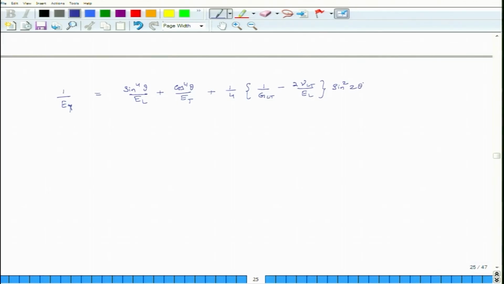So this is the relation for Ey, and to get to this relation we have to follow exactly the same process which we did earlier.